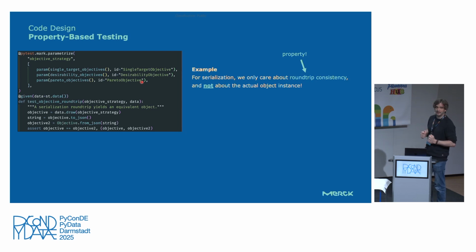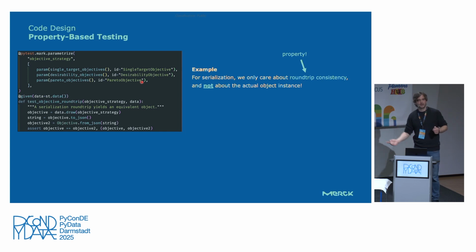So what does that mean? Let's take the example of serialization. For serialization, we don't care about what specific input we have or what the expected target for that input is. What we care about is that if you give any input, you serialize it and deserialize it back, you get the equivalent object. It's a property that you want to test, regardless of the specific input.